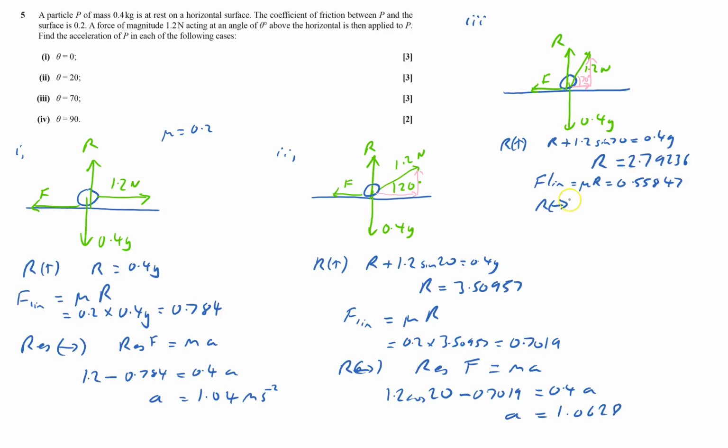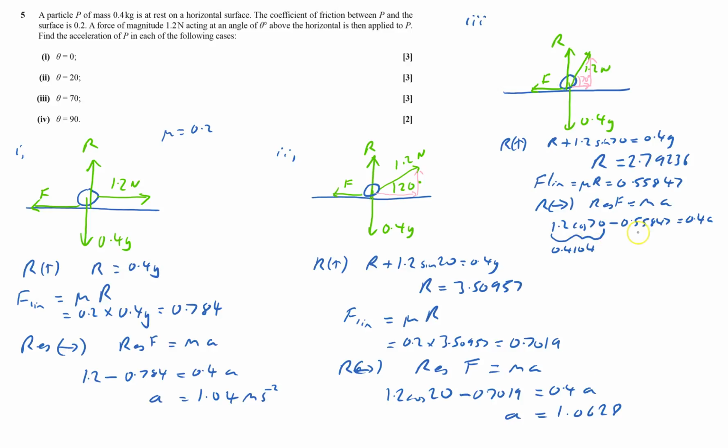Resolve to the right, resultant force equals mass times acceleration, and that will be 1.2 cos 70 minus what I've just worked out, 0.55847, equals 0.4a, and this bit here actually only comes to 0.4104, and that's the friction.